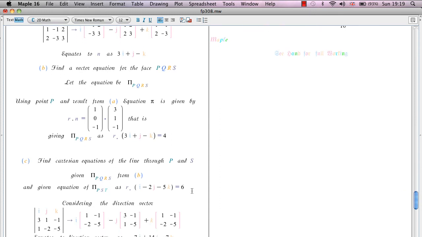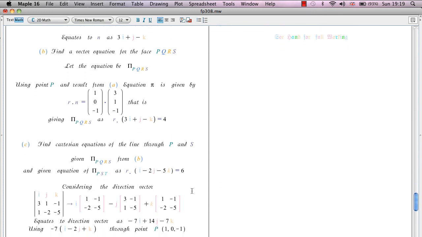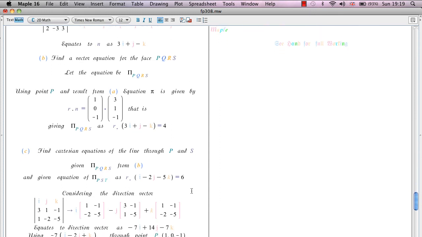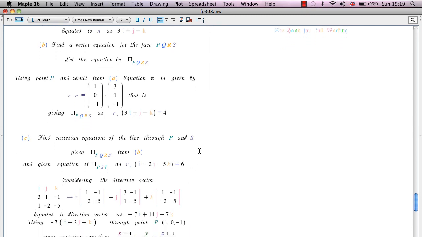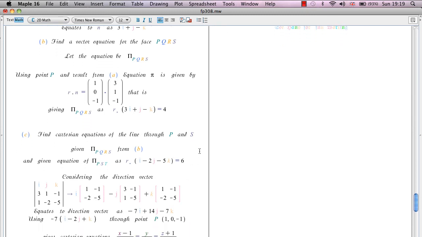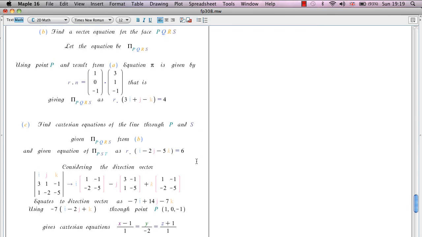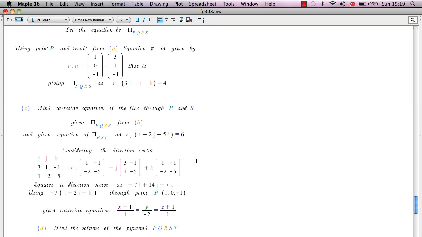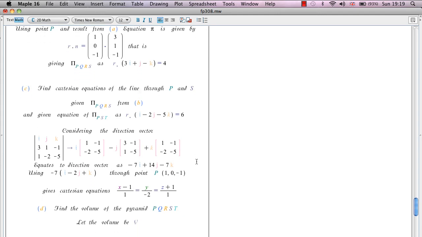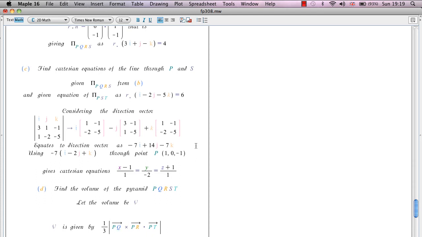So for part C, Cartesian equations of the line through P and S. Given the equation of the plane through PST, the vector product of their normals will give us a direction vector for the line through P and S. So applying the vector product gives minus 7i plus 14j minus 7k.